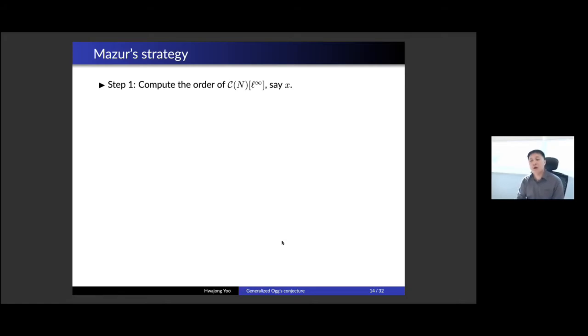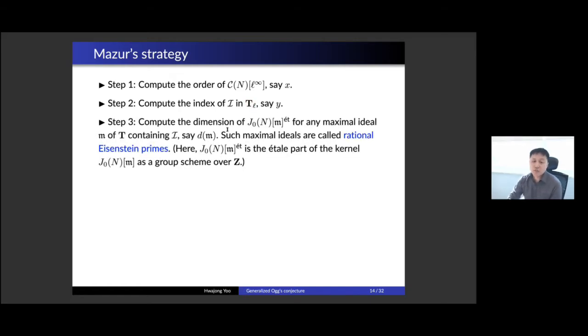I summarized the major strategy to prove Ogg's conjecture. First, compute the order of the rational cuspidal divisor class group generated by 0 minus infinity. This was done by Andrew Ogg. The next step is to compute the index of this Eisenstein ideal in the ring T_L, say Y. Then step 3 is to compute the dimension of the étale part of the kernel of J_0(N), say D(m).